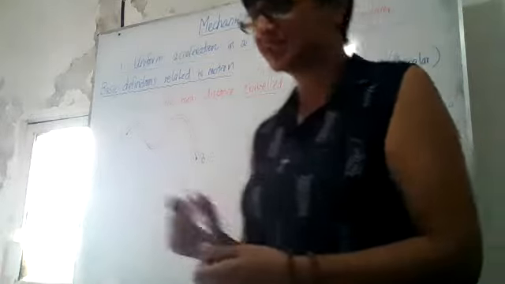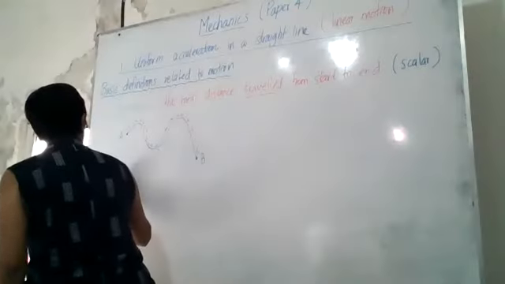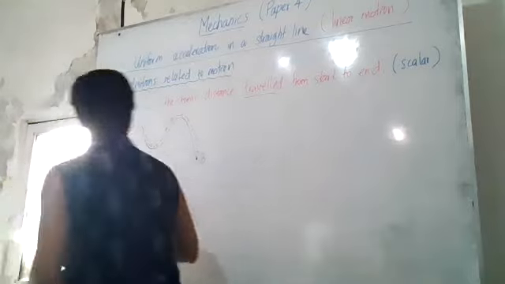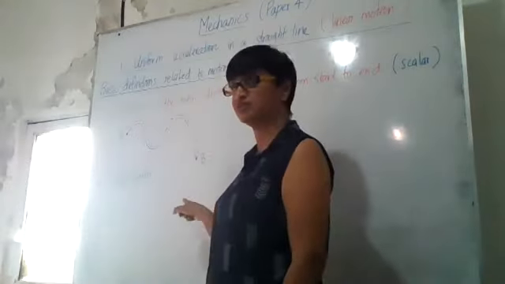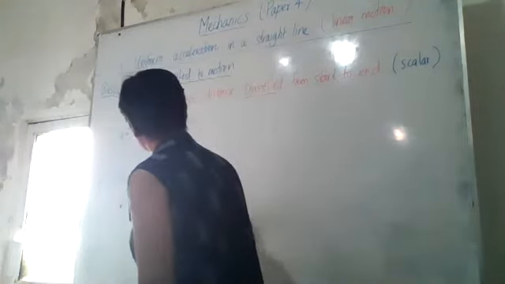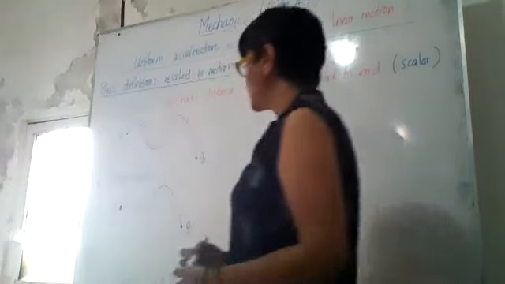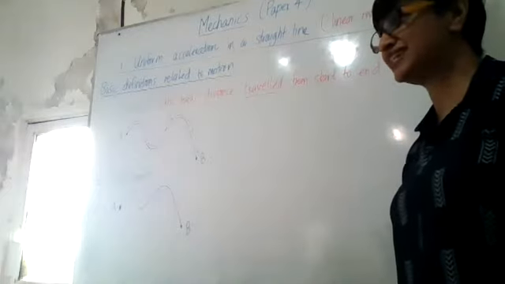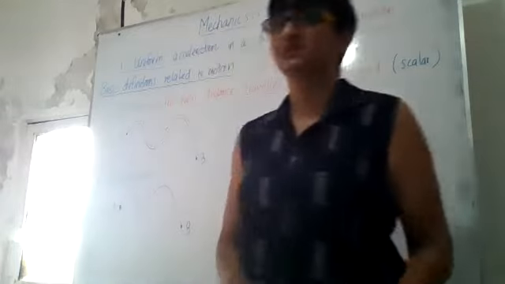Okay, next, quantity displacement. Again, if I take the same motion, somebody is moving from A to B, what I mean by displacement of this motion is the net shift from start to end.